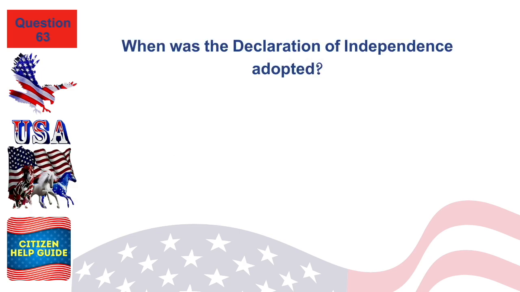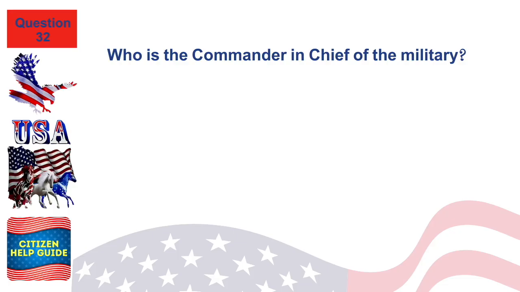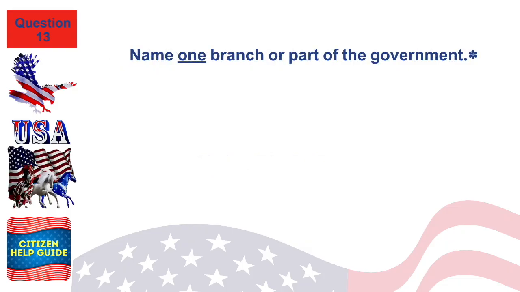When was the Declaration of Independence adopted? July 4th, 1776. Who is the Commander-in-Chief of the military? The President. Name one branch or part of the government.